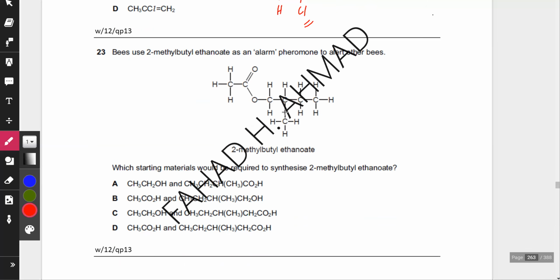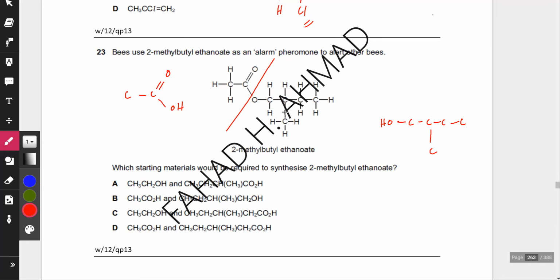So it is an ester. If you look carefully, just break the ester. The starting materials would be, I'm not going to draw the hydrogens, this side would be the carboxylic acid side. The other side is 4 carbon atoms, and there's a carbon atom over here, and there's an O. This O would change into an alcohol. So those are your starting materials.